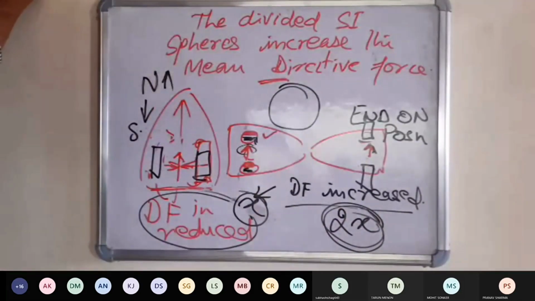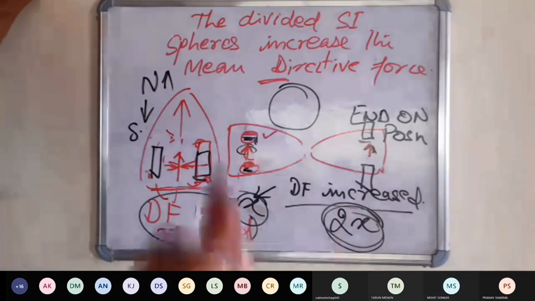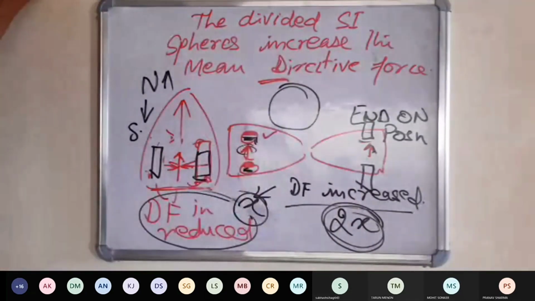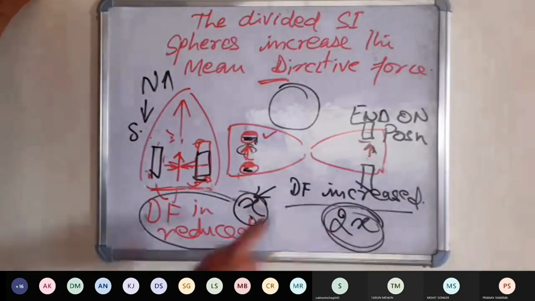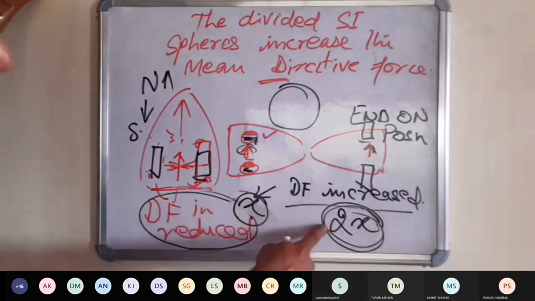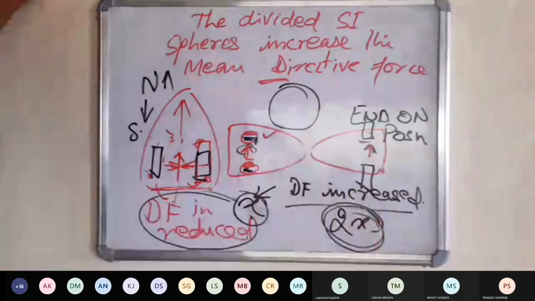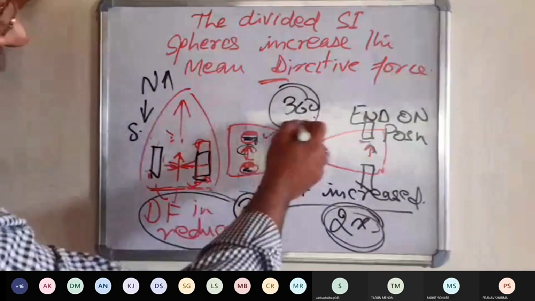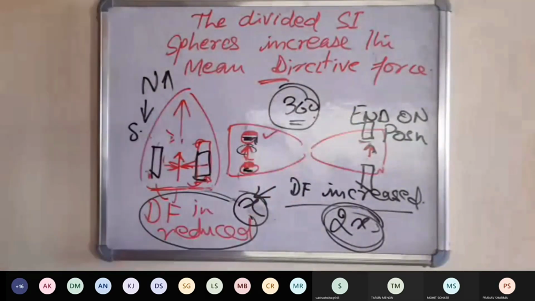Is that correct? Yes, sir. When it increases twice the amount as when it is reduced. अगर h को माइनस x करता है ये, तो h को प्लस 2x करता है यहाँ पे. एंड सो ओवरऑल 360 डिग्रीज में अगर देखें तो मीन DF is increased.